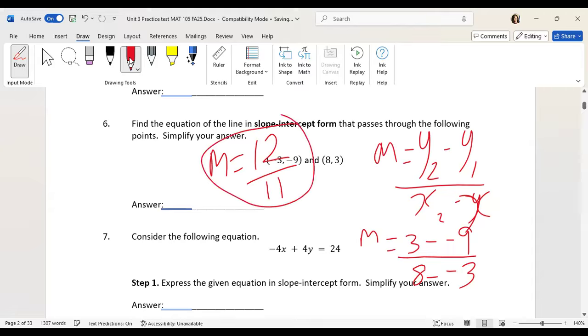So now I am going to write the equation in slope-intercept form. When you start writing the slope-intercept form, you can choose any of the points. Choose any of the points, and I can choose point number 2. So now I have y is equal to, what's the slope? 12 over 11.